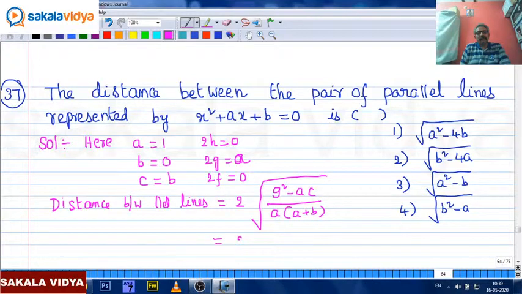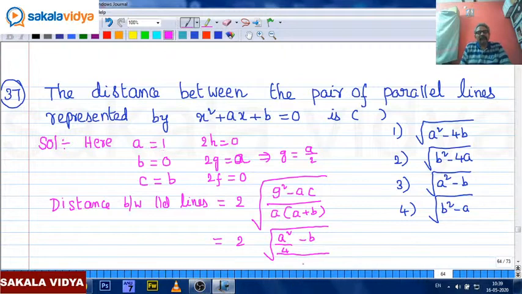So this is 2 root of g square. G square means g value will be a by 2, so a square by 4, minus ac minus b upon a is 1.